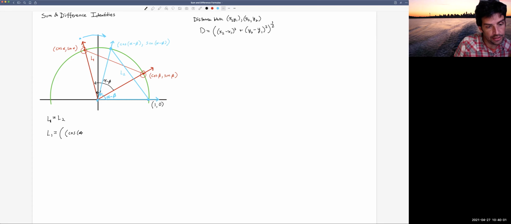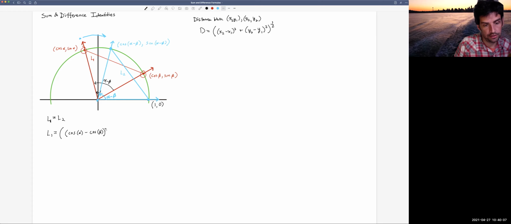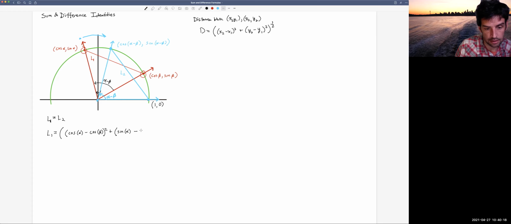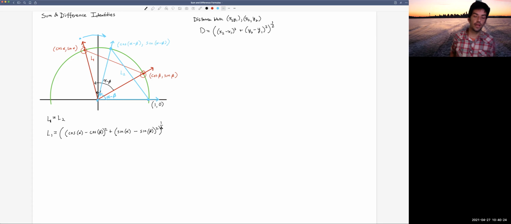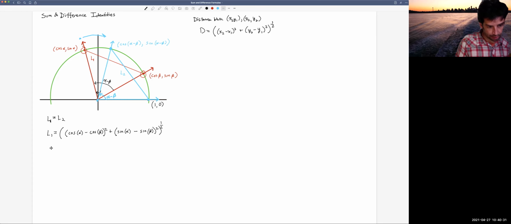difference between the x coordinates, square it, take the difference between the y coordinates, sine beta, square it, and take the square root of the whole thing, okay? So let's do a little bit of algebra here.